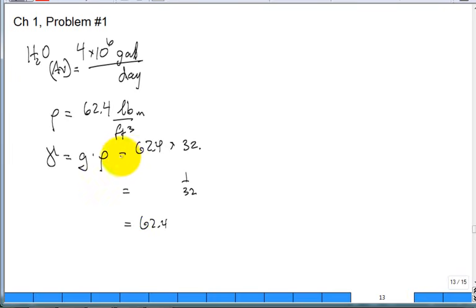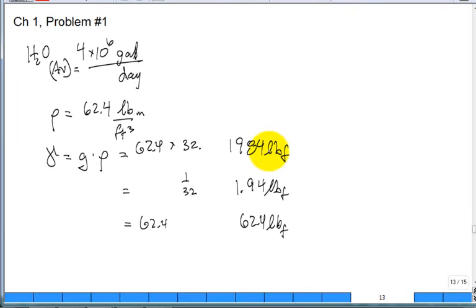So I can do the 32 times 62 and get 1,984 pounds. Or is the answer 62.4 divided by 32.2, 1.94 pounds? Or is it 62.4 pounds? What is the weight of 1 cubic foot of water?